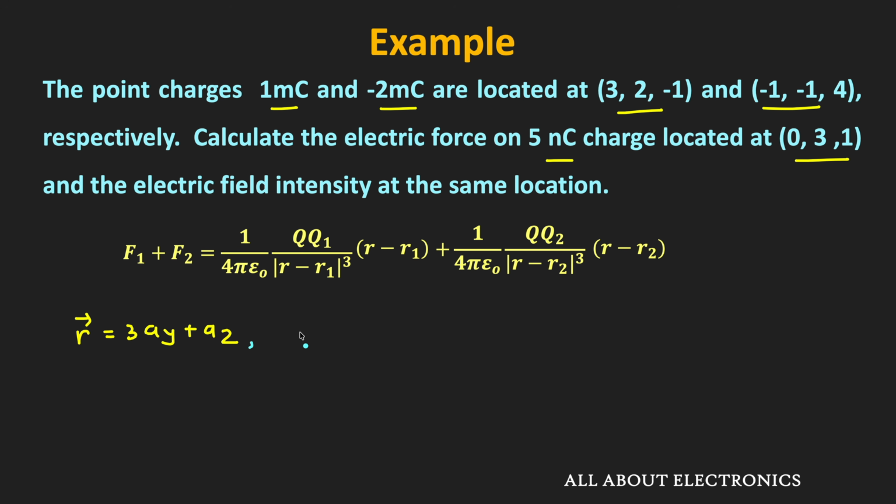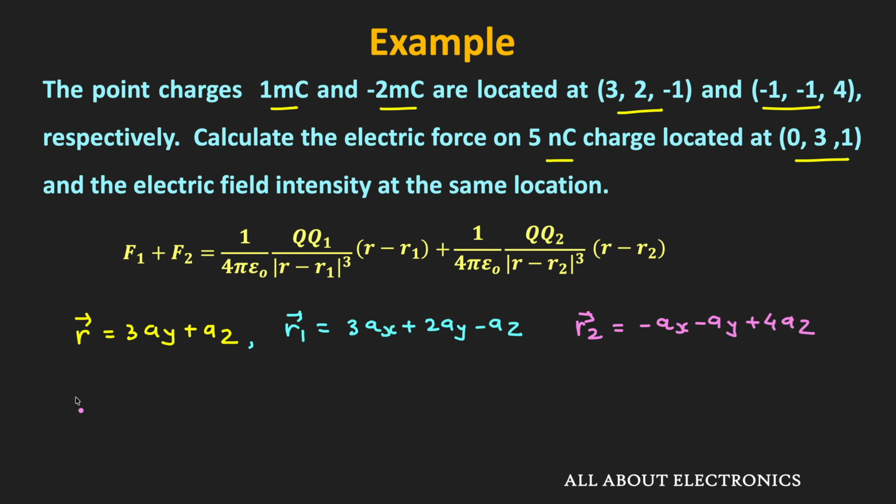Similarly, the position vector r1 can be given as 3ax plus 2ay minus az. And likewise, the position vector r2 for the minus 2 millicoulomb charge is equal to minus ax minus ay plus 4az.